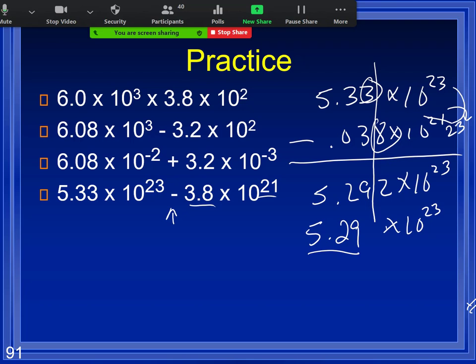So on my first one, I'm going to push 6.0 times 10 to the 3rd times 3.8 times 10 to the 2nd. My calculator screen fills up with numbers.